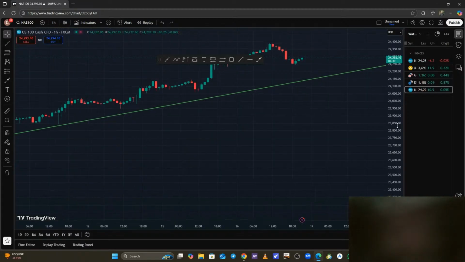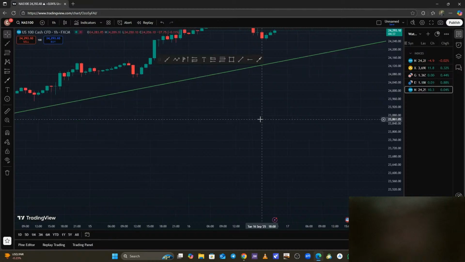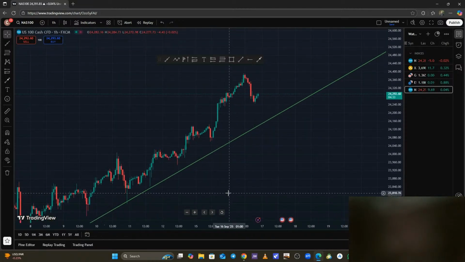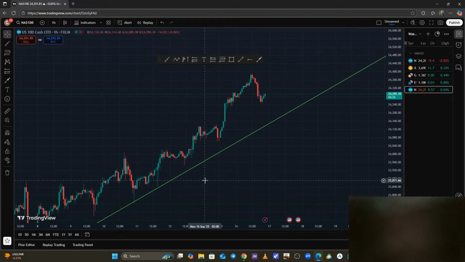Once I go back to the 1 hour time frame, let me just reset the chart. So this trade here, I was actually waiting for price to come back to. Let me draw a box here so that I can show you something.